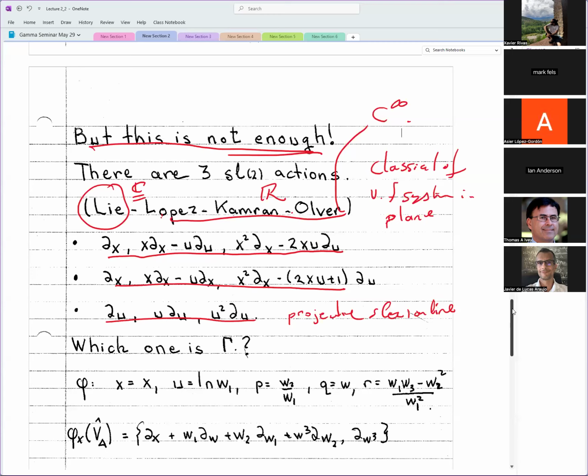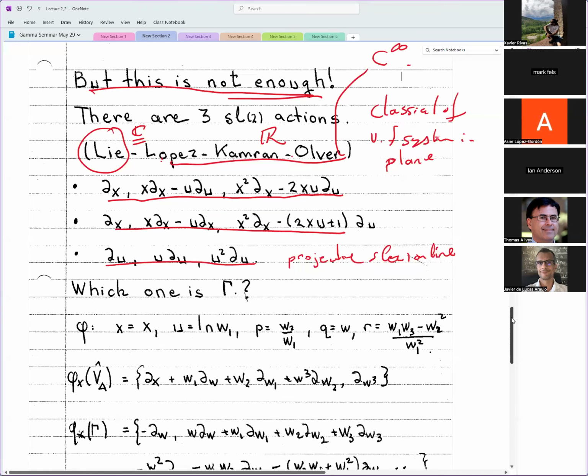There is no smooth change of variable taking that to any vector field of the Riccati equation, partial x or x squared partial x, because in the Taylor expansion the first element different from zero is at infinity. So there is no change of variable. Even for a single vector field, the classification doesn't work.